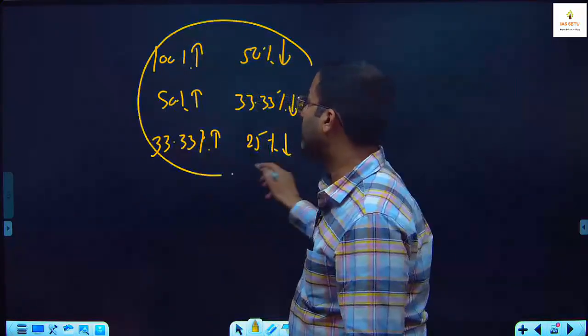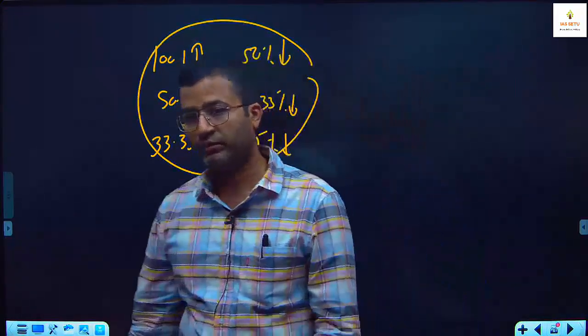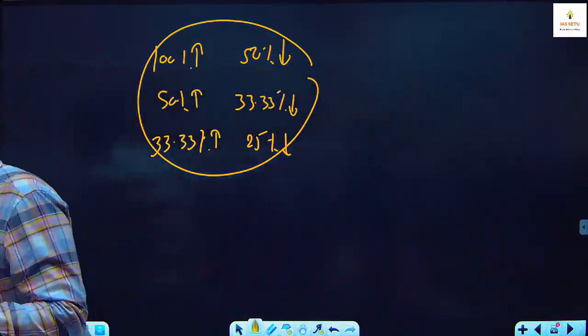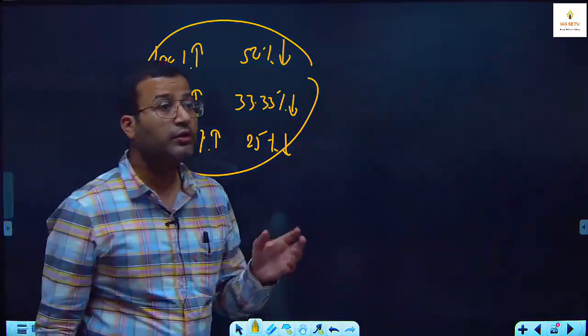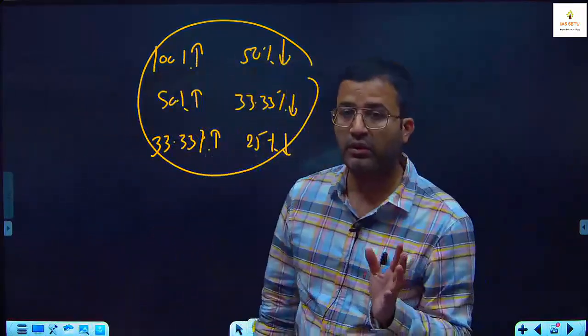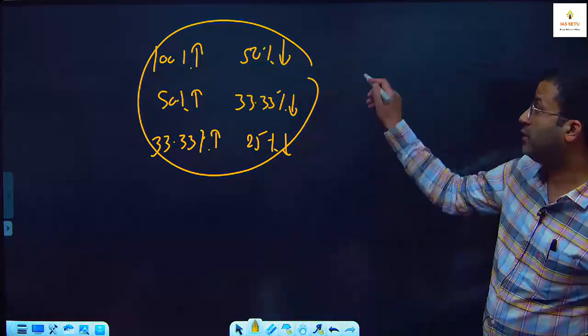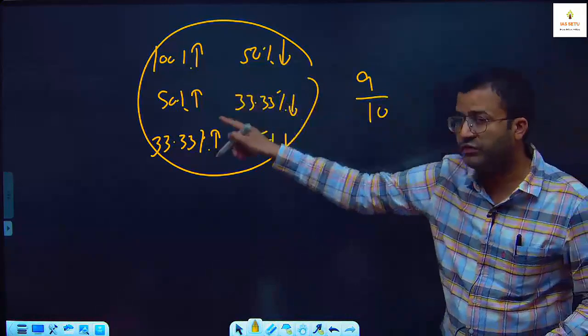So this table tells you only limited values: 100%, 50%, 33.33%, 25%, 20%. Then you can say why I have wasted your time. I have seen more than 1,000 questions on type 1, 9 questions out of 10 have these values.